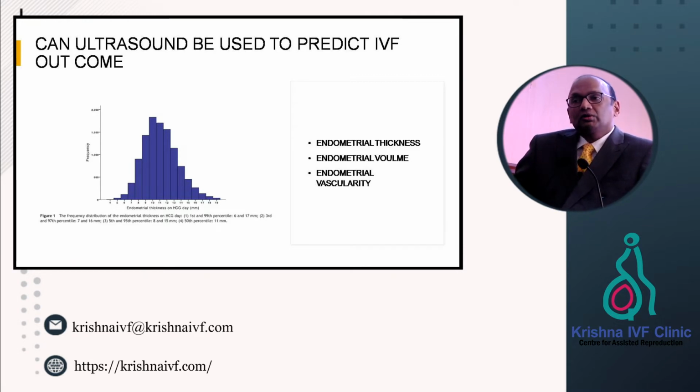And endometrial volume, because it has observer variability and machine variability, has generally not become a standard procedure. Similarly, with the advent of Doppler, because it's person dependent and machine dependent, there are no standard values. So the world got stuck in the area of endometrium by only looking at endometrial thickness.